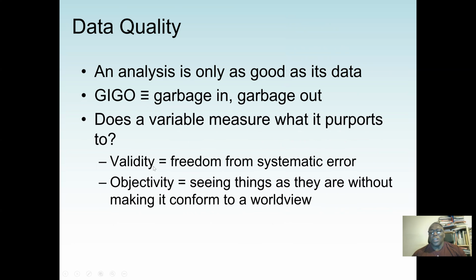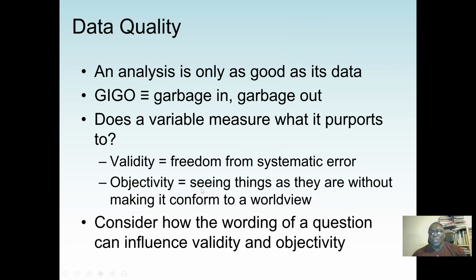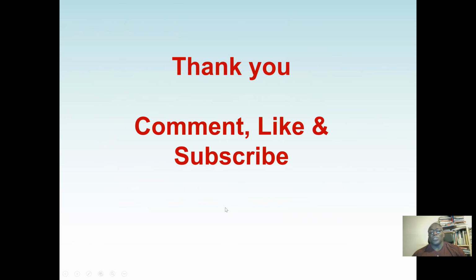First, we have to do our validation. So validity test, freedom from systematic error, and also objectivity. Here we want to see things as they are without making them conform to a worldview. So here they say we should consider how the wording of a question can influence validity and also objectivity.